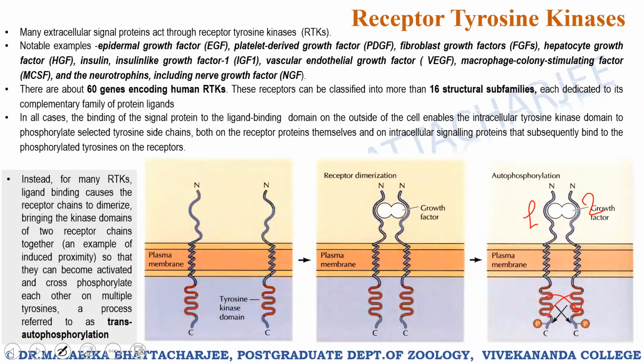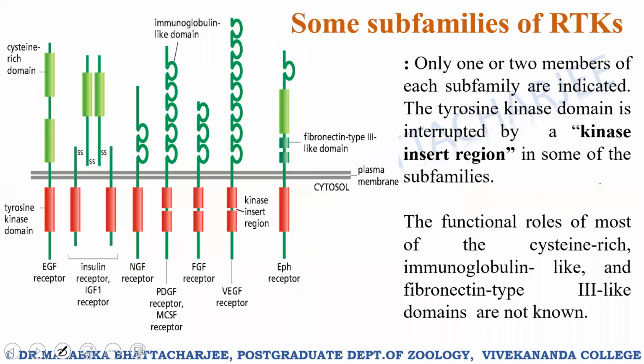And partner 2 is phosphorylating partner 1. But since they are a pair of a single functional receptor complex, hence they both are auto. They form a pair of a receptor complex. Hence it is self-phosphorylation, but the subunits are phosphorylating each other. Hence trans-phosphorylation. So it's trans-autophosphorylation that is occurring here. That is what we saw here.